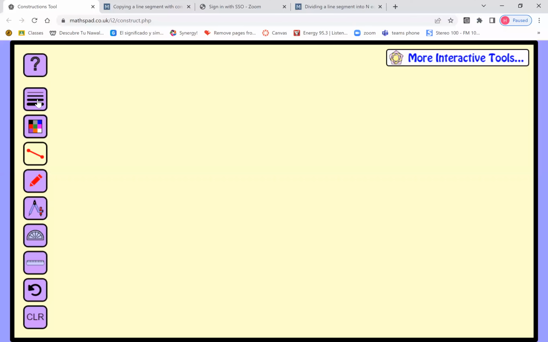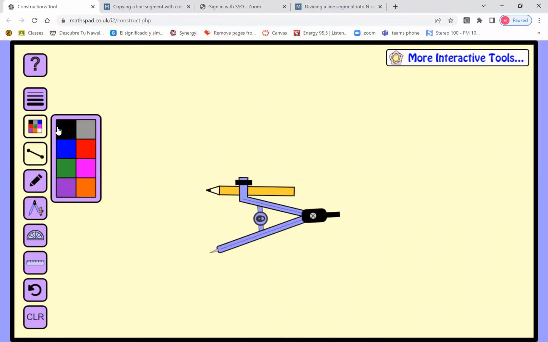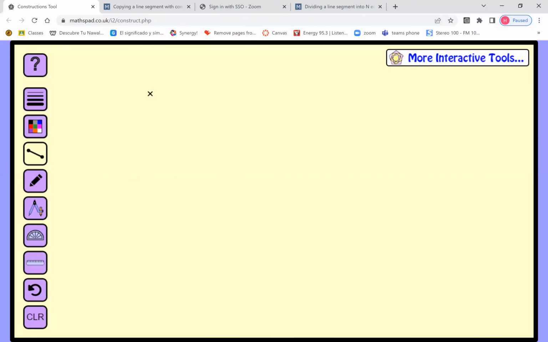So given an angle, I want to go black because that's what's given. I'm going to use segments and I'm just going to draw an angle. Right, and this one we're going to call angle A. And then there's 2 segments.